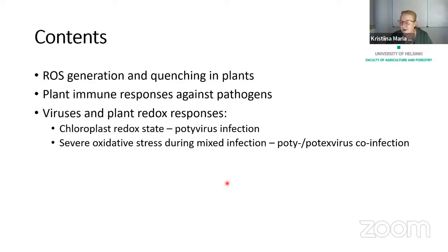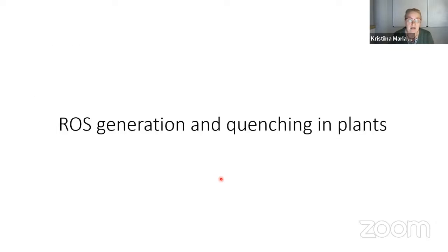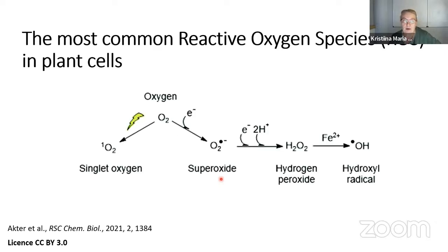Then, according to my research focus on viruses, I have selected two examples from virus-host interactions where redox plays a role. So first we go to ROS generation and quenching in plants.